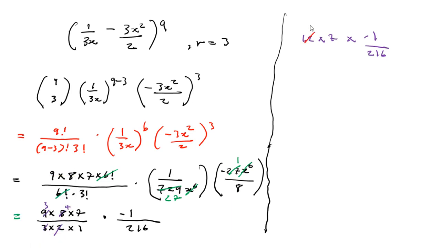The answer is yes. So there is 1 and there is going to be 12 into 216, which is just 18. So the answer in this case is negative 7 over 18. So this was the answer for that particular question.